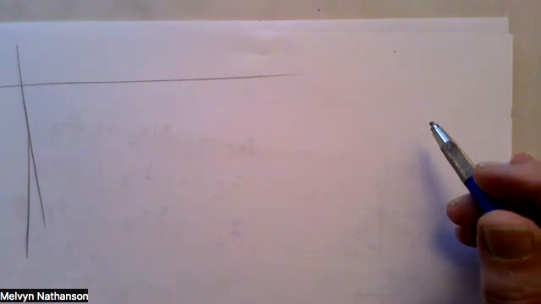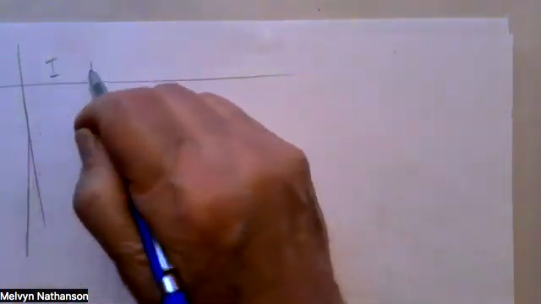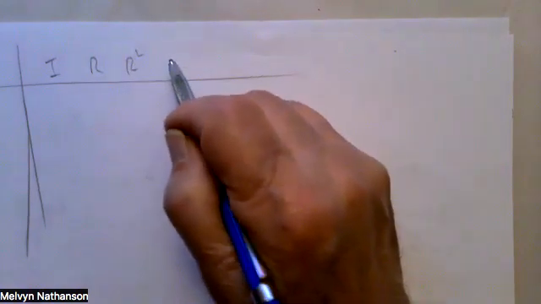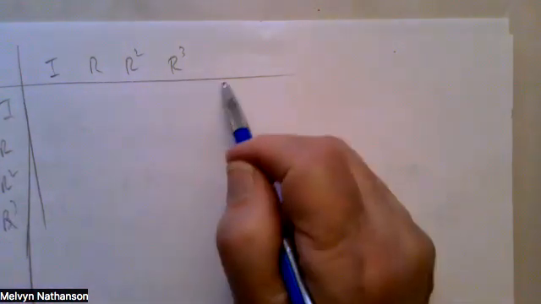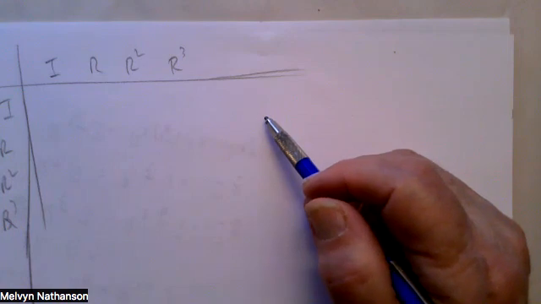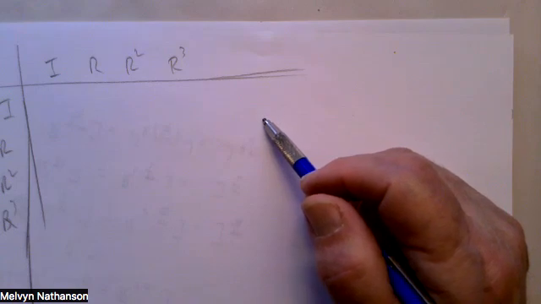We could try to work out a multiplication table. So we have the identity, r, r squared, and r cubed. And those are the four rotations by 0, pi over 2, pi, and 3 pi over 2 radians.